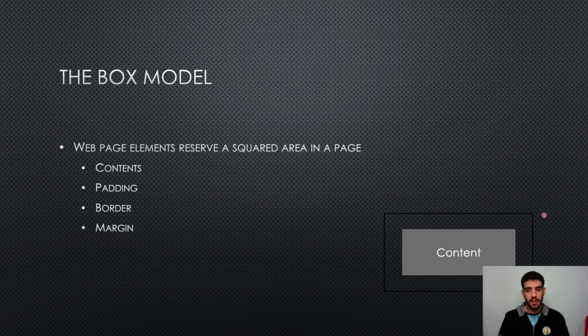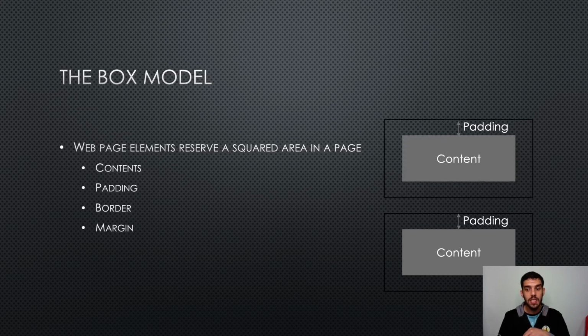Padding is the part between the content itself and its border. And margin is the space between that content and another content. All right? So yeah, as you can see in front of you, we have content, we have padding, we have border, and we have margin.